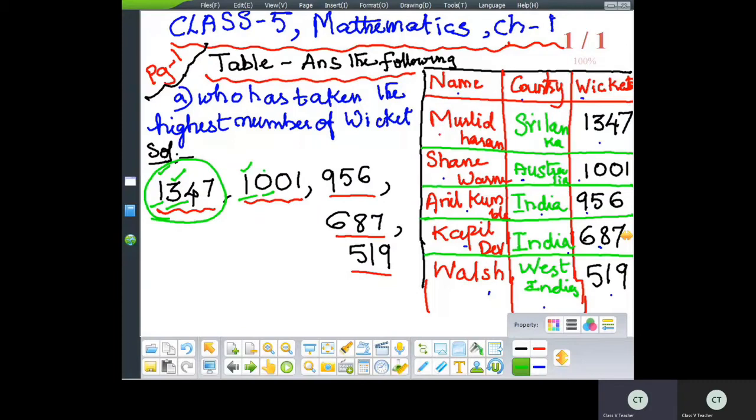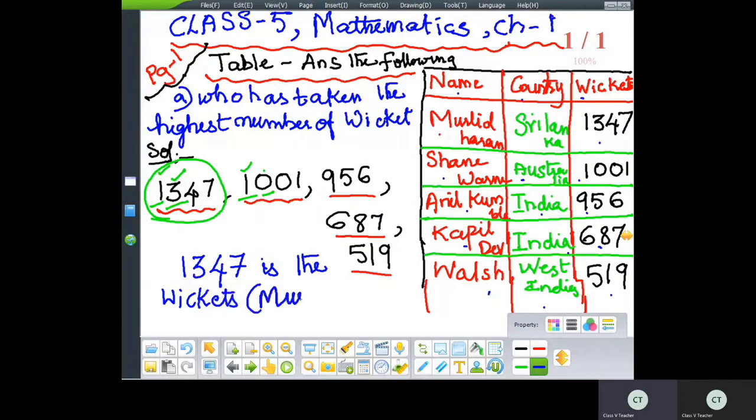Okay. So what is the highest number here? 1347 is the highest wickets. And this highest wickets is scored by whom? Muralidharan.